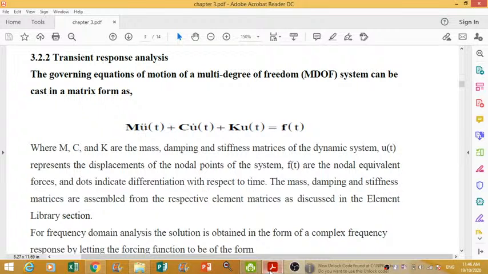Almost 100 times the analysis is executed in order to get the expected results. And even if you do not get the expected results, once again the design of the component is changed. In fact, this is happening everywhere.